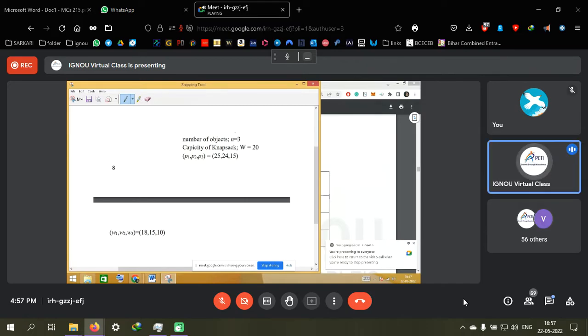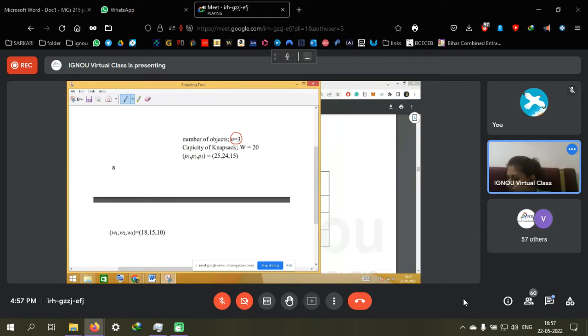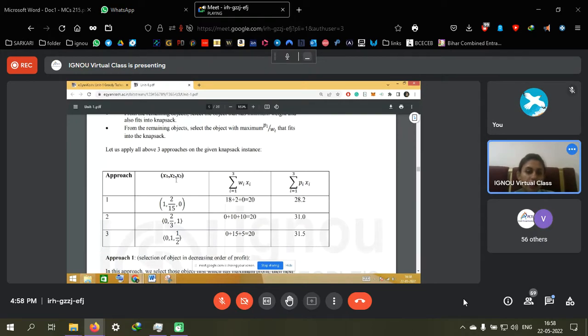So we have 3 objects, that is n is equal to 3. Right? So here we have 3 objects, that is x1, x2 and x3.